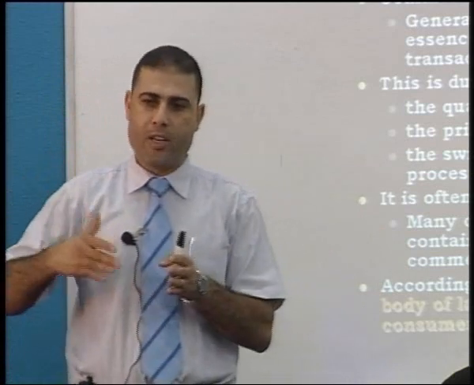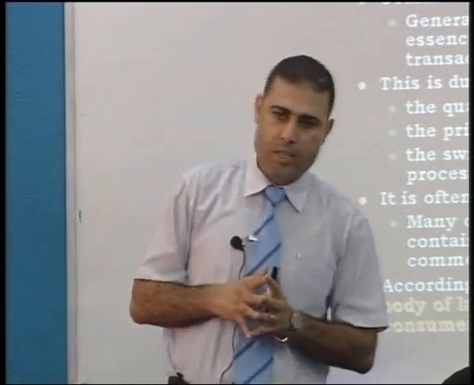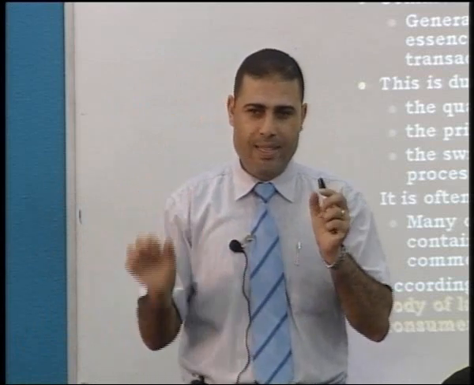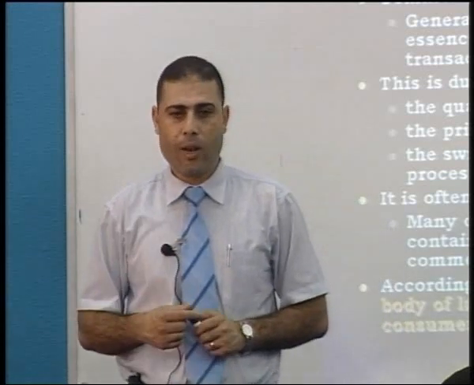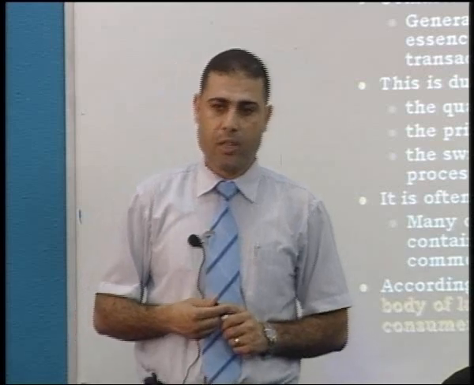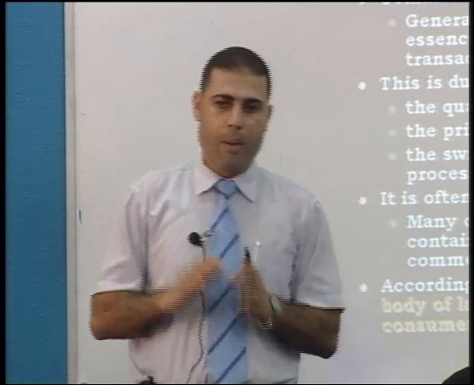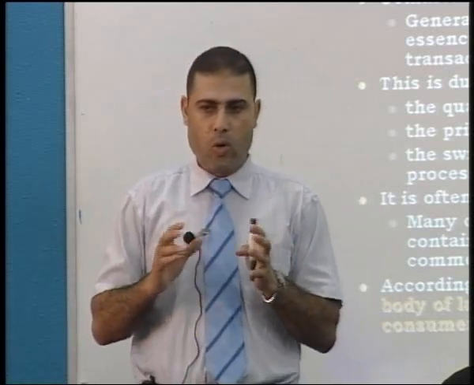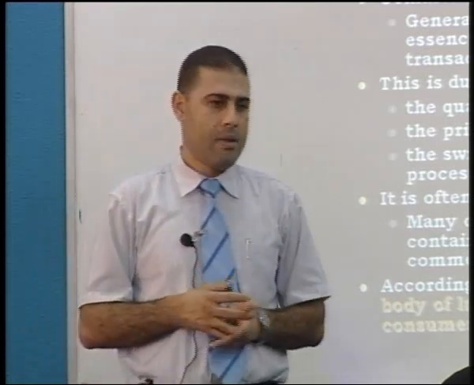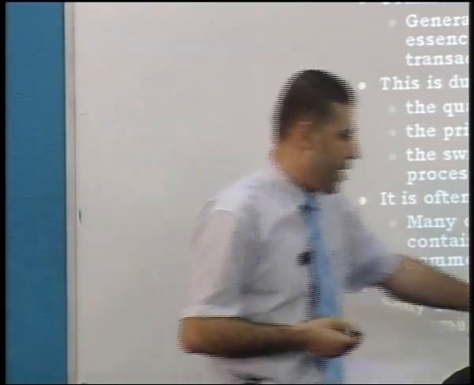Again, looking at the transactions. What kind of transactions? Commercial transactions. And it looks at business and commerce. Civil law does not look at business or commerce. It does not have any intention or any concern about business or commerce. Civil law looks at civilian relationships. Commercial law looks at business and commerce.